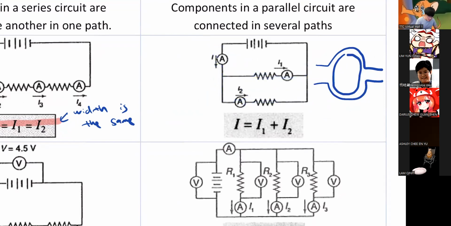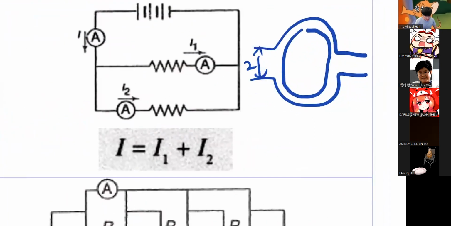So if the river width here is 2, 如果这里的宽度是2, that means the width here is 1. The width here is 1, right? Because 2 split into 2 is 1, 1.